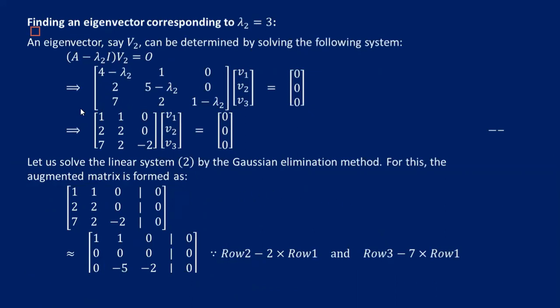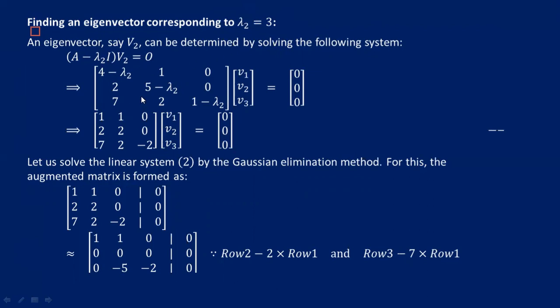Now we have to find the second eigenvector with respect to our second eigenvalue. In our previous slide we had lambda 1 and we found v1. Now we have lambda 2, our second eigenvalue, and we have to find the eigenvector corresponding to it.